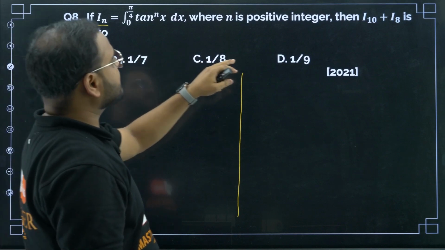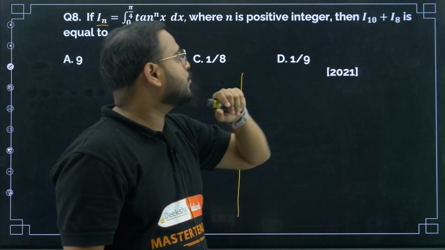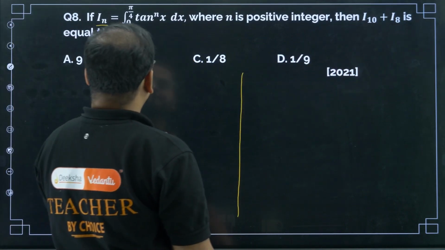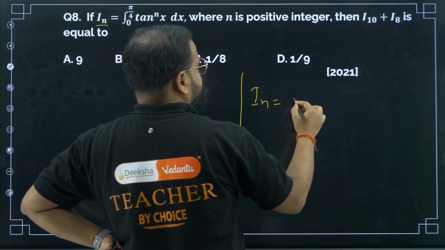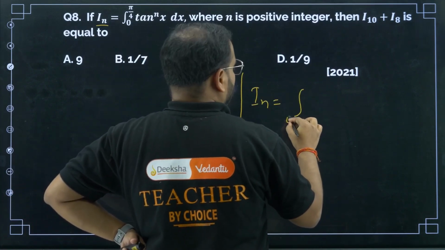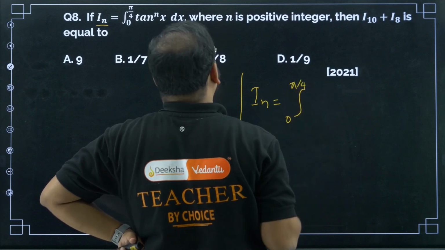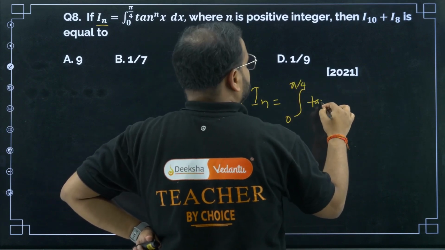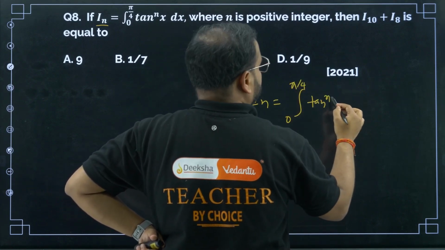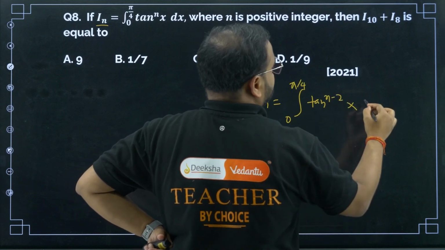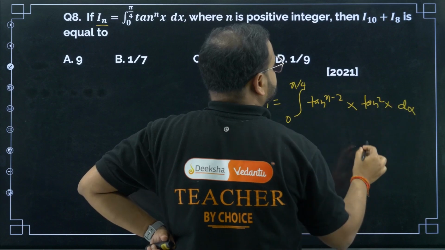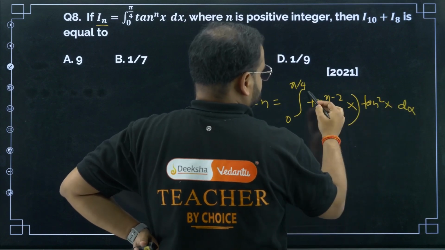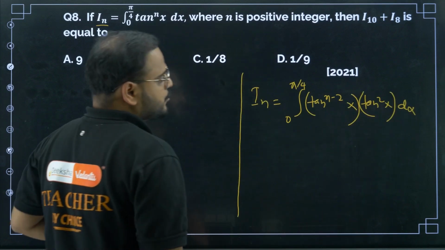You can see the difference is there, no? 10 plus 8, difference is 2. So I can write this as In, with limits 0 to pi by 4 remaining as they are, tan of n minus 2 x multiplied with tan square x dx.